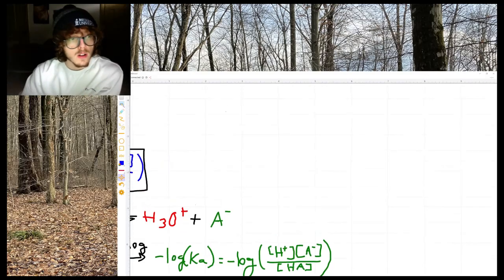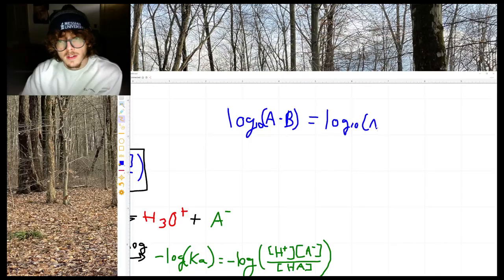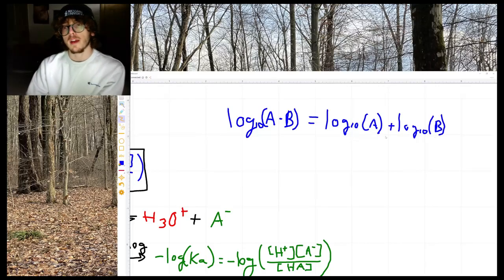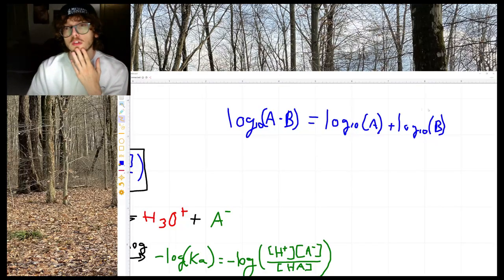If I have a log of A times B, inside the logarithm base 10, this would be the same thing as writing log base 10 of A plus log base 10 of B. It's a totally fair thing to say, because if you ever took algebra, I think you would learn this in Algebra 2: when you add logs together, you can combine them.